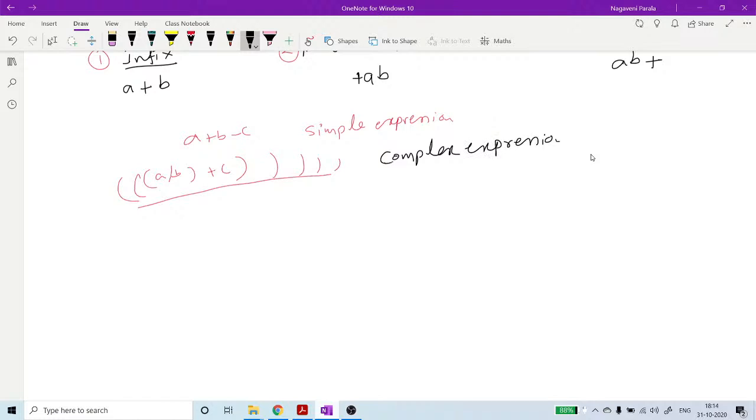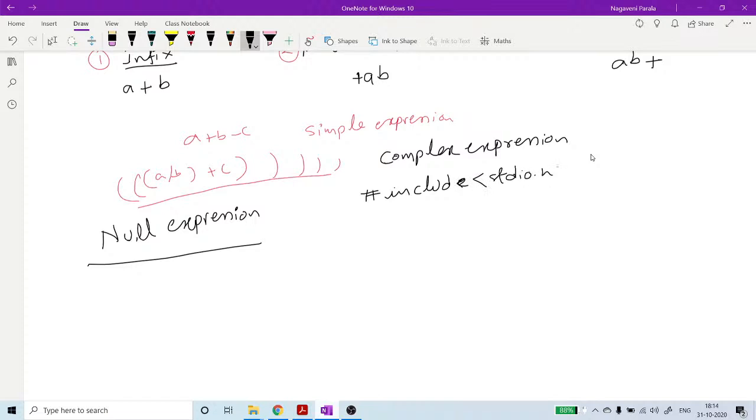That's it, right? And the next one is a very important thing: the null expression. What is a null expression? See here, when you are writing a program, we write hash include stdio.h, and then we write int main, and here we write so many statements.